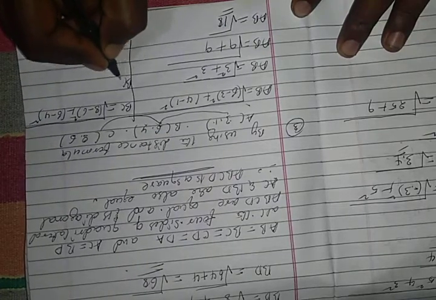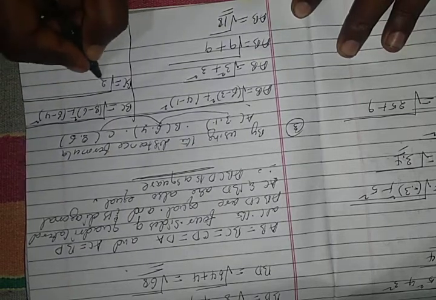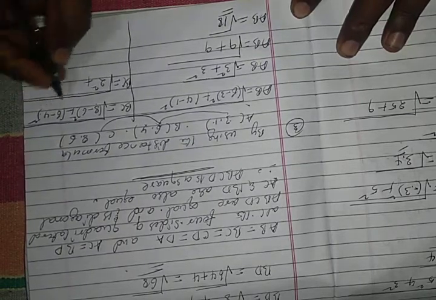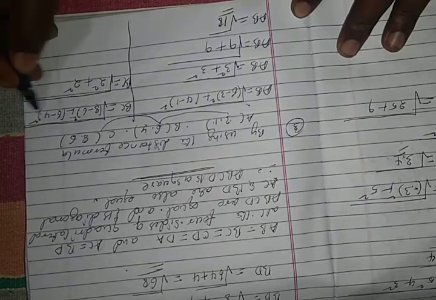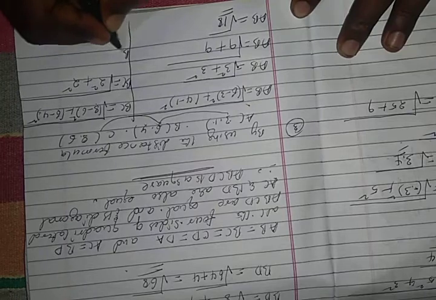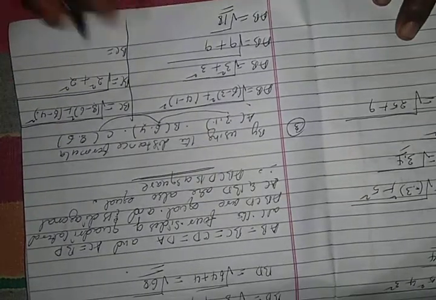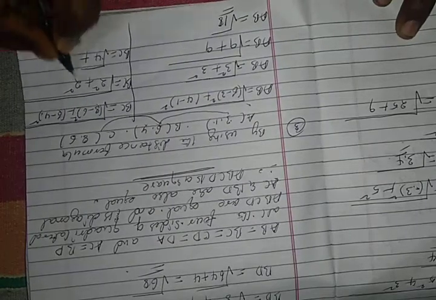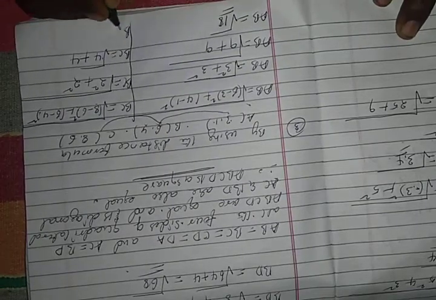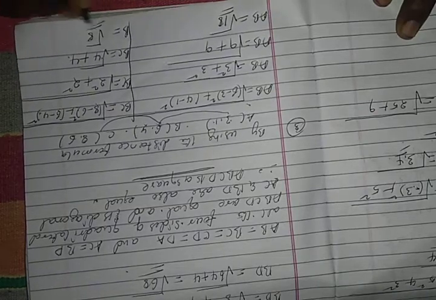Then BC is equal to square root of 8 minus 6 is 2 square plus 6 minus 4 is 2 square. So 2 square is 4 plus 2 square is 4. Then BC is equal to square root 4 plus 4, square root 8.